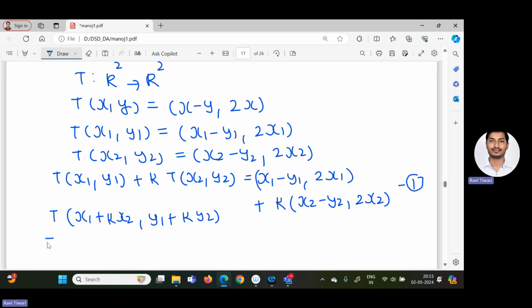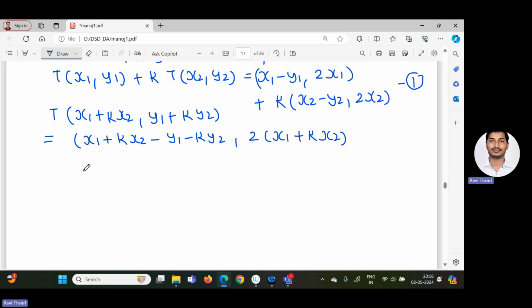Here the first component is x1 plus kx2 and the second component is y1 plus ky2. Since T is defined as x minus y and 2x, first component minus second component gives x1 plus kx2 minus y1 minus ky2, comma 2x means two times the first component, so 2 of x1 plus kx2. This we can solve further. Then what will we get?